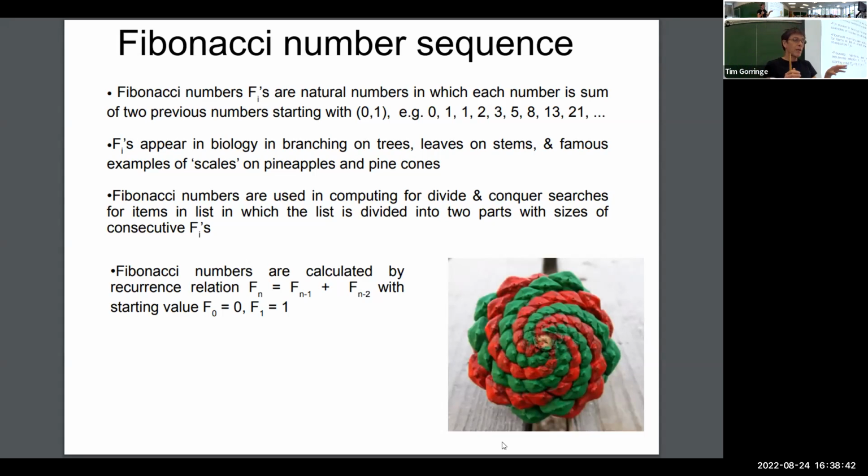But they also are useful in computer science and computer programming for solving computer problems. One of the famous examples, I think, is if you have, sometimes a computer problem is to find a particular element in a big, ordered list of elements. And one way of doing that is divide and conquer.